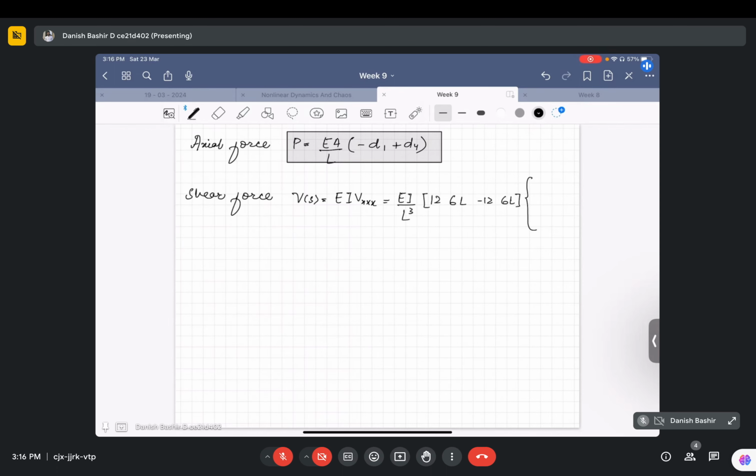Here the degrees of freedom will be D2, D3, D5, and D6, not D4 because that is the axial degree of freedom. There will be one more term, plus QL by 2 times 1 minus 2s, minus 1 plus 2s, due to the distributed load.